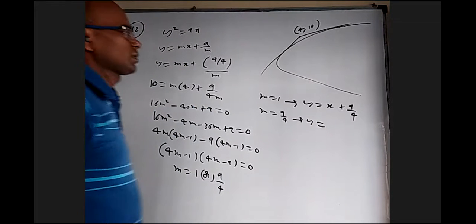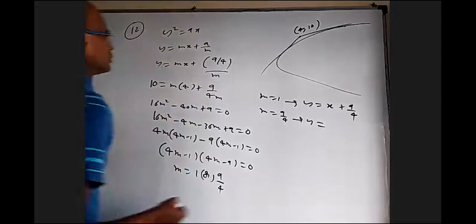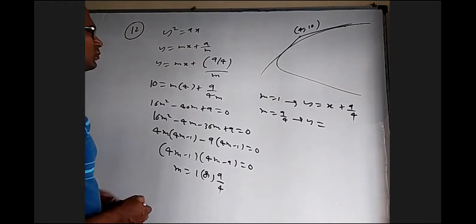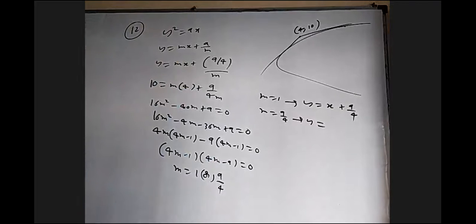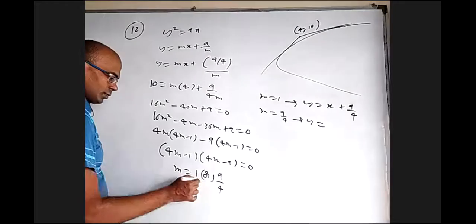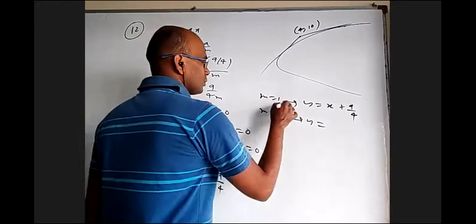Is it passing through (4, 10)? Something wrong? x is 4, y is 10. Equal to 1 by 4, not 10. Oh, m is 1/4, thank you. So m is 1/4.